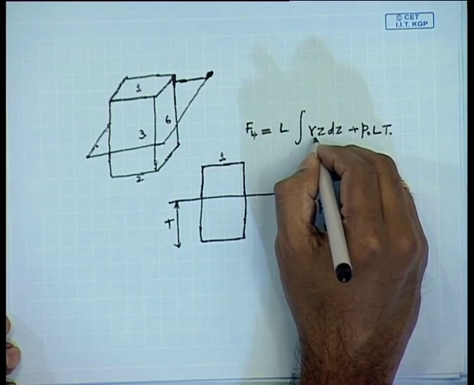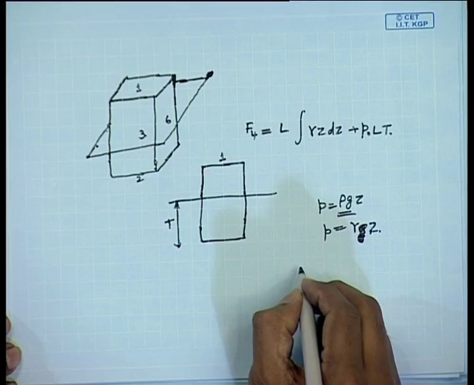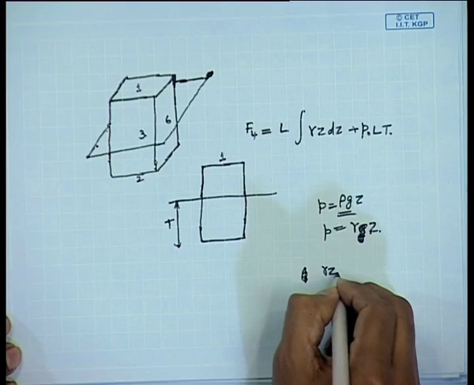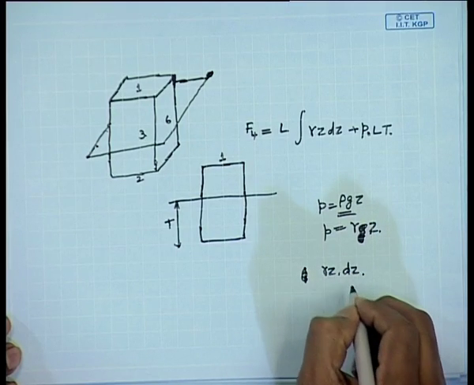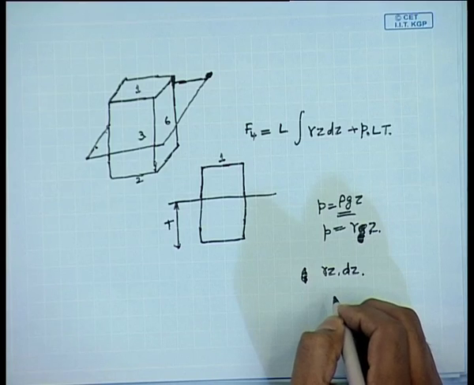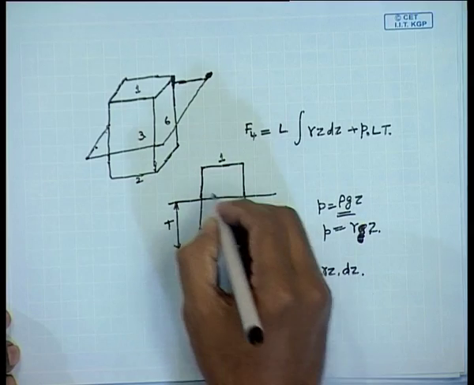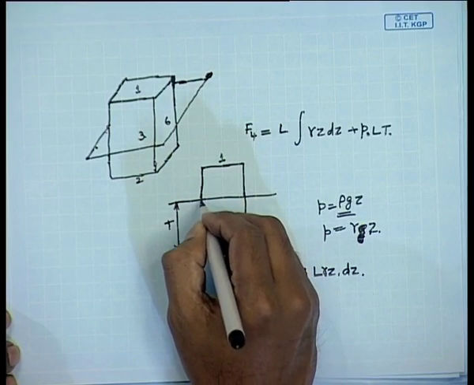Now, the pressure gamma z into dz will give you the force per unit length of the side. So, if you multiply it with L, you will get the force on the side 4.